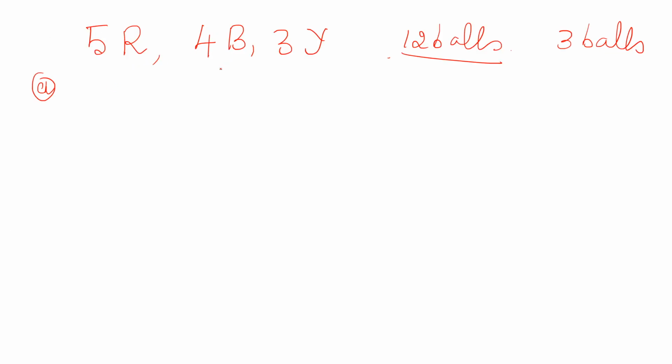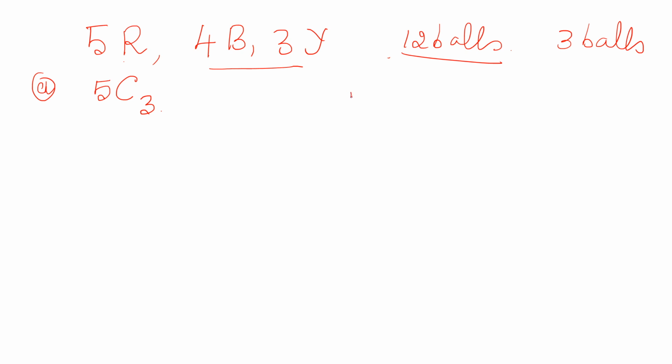So I need not bother about these two now. So only 5 red balls. From the 5 I am taking 3 red balls. So 5C3. Now why are we using combination? Here you should know the main difference between permutation and combination.